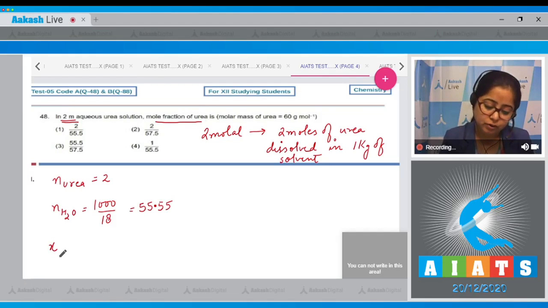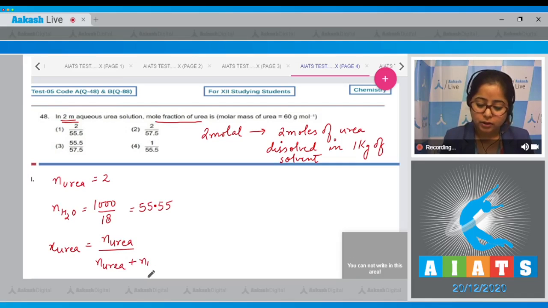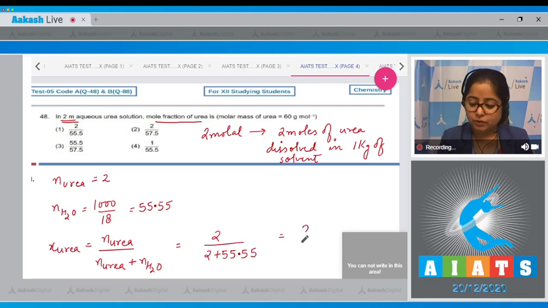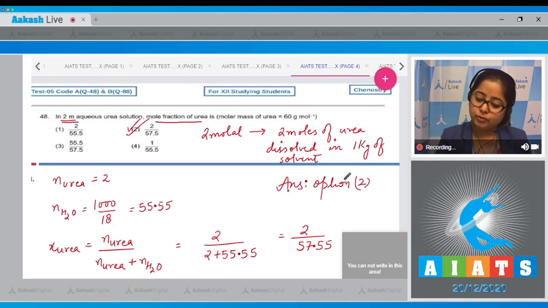So mole fraction of urea is equals to number of moles of urea upon number of moles of urea plus number of moles of water, which is equals to 2 upon 2 plus 55.55, which is equals to 2 upon 57.55. That means the correct answer is option number 2. Here I'm writing answer is option number 2.